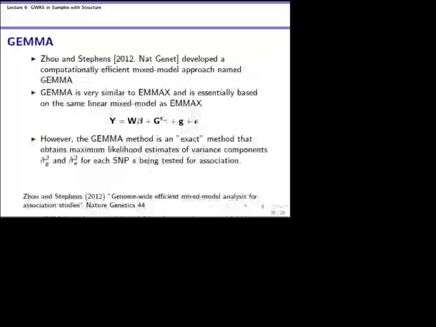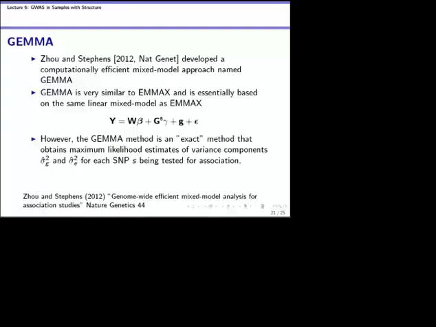That's EMMAX. Then GEMMA, Matthew Stevens, published a paper in 2012 in Nature Genetics where they did the same thing, but they estimate new variance components at each SNP. For each SNP, they estimated a new heritability estimate.